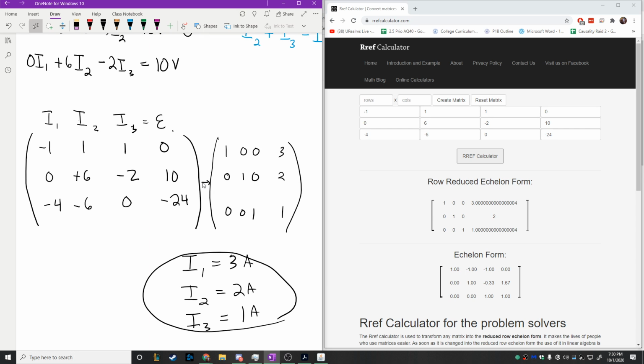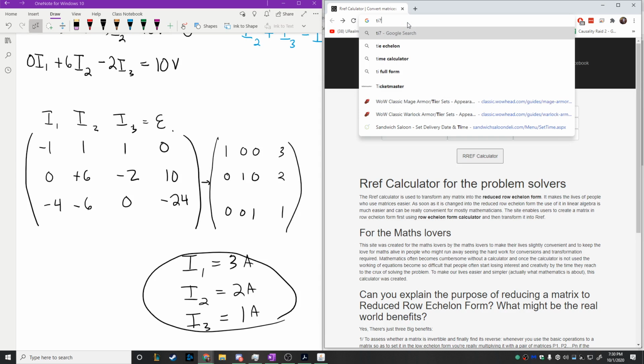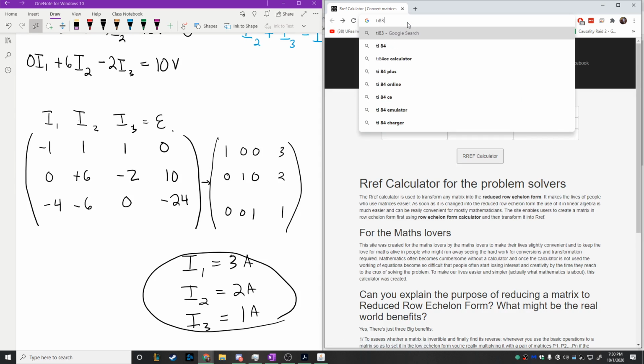So how do you do this? Anyone have any questions so far? Do you remember doing reduced row echelon form? Maybe not. If you want to do this in a TI, we'll say TI-83. Which one do you guys have that's most common?